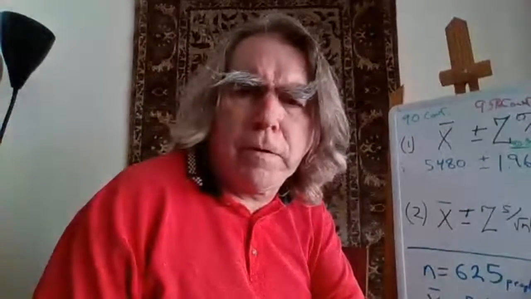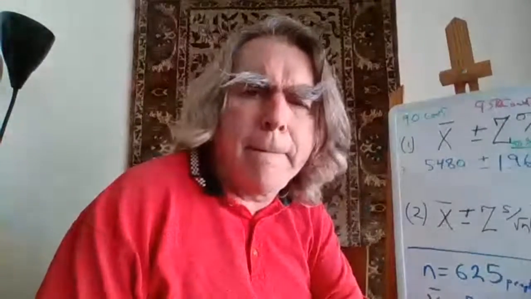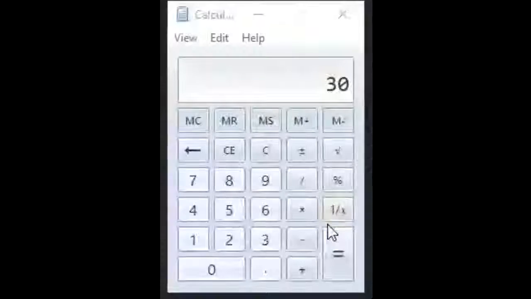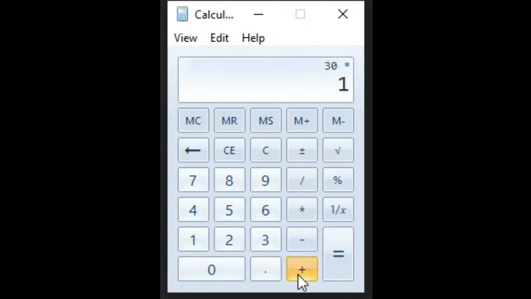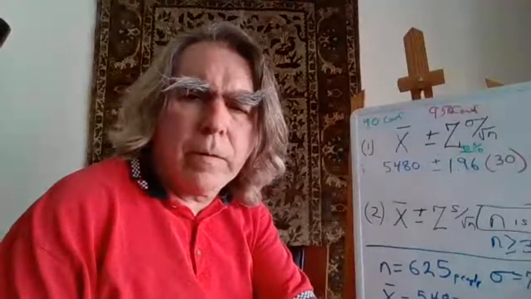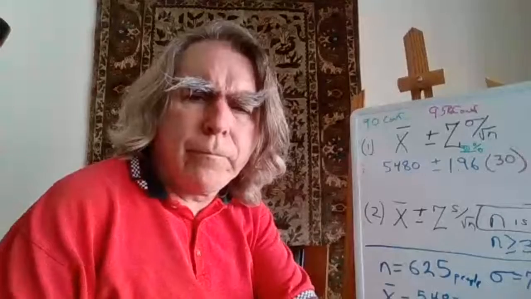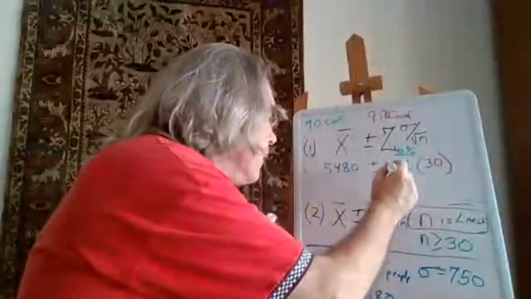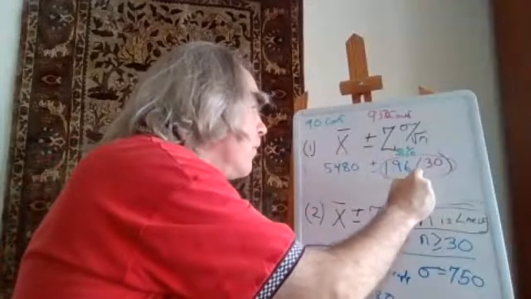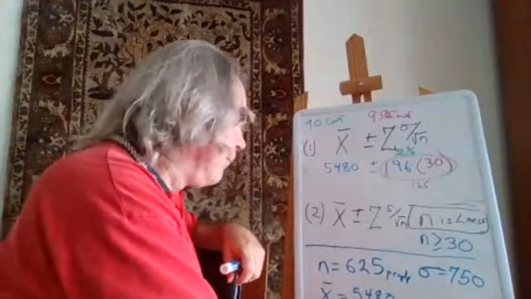So we had 30 times 1.96 equals 126. Okay, so all of this whole thing here is 126.